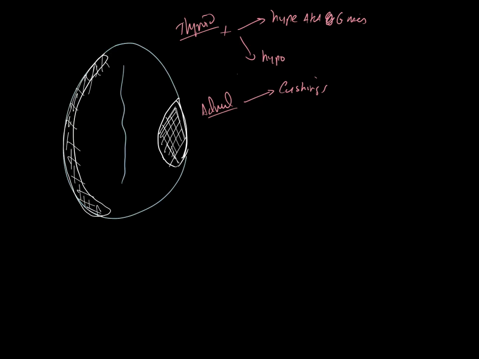They get the moon face and a buffalo hump. They get striae, notable stretch mark-like skin changes. They have glucose problems. They're going to develop male pattern hair if you're dealing with a female that has this. They're going to have problems regulating water. They're going to be at risk for infections.